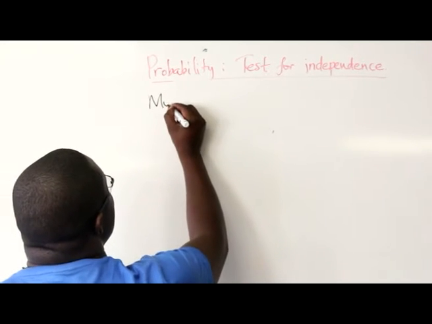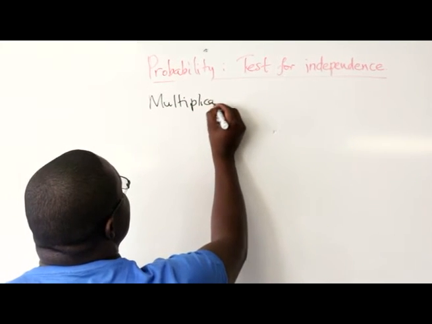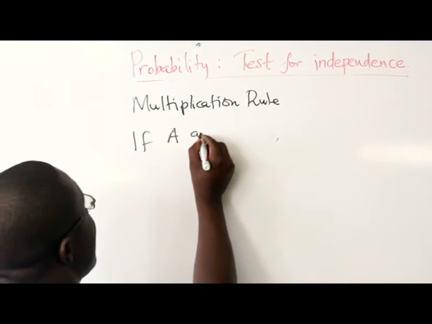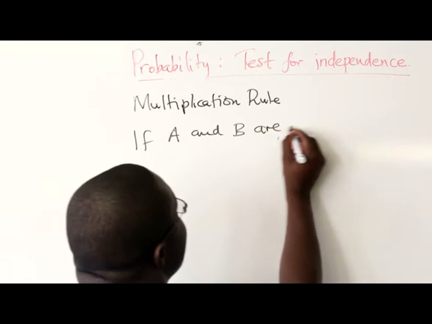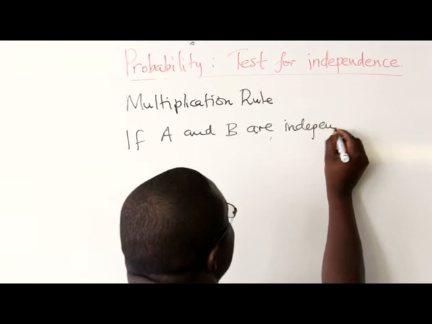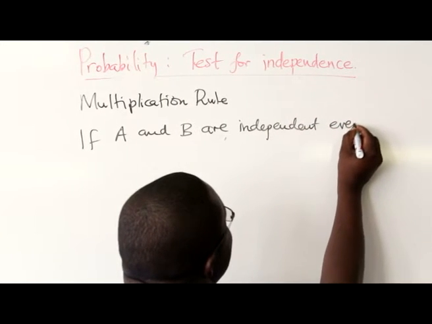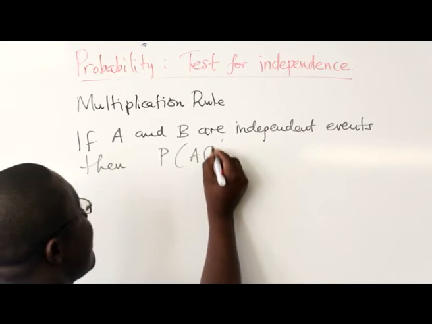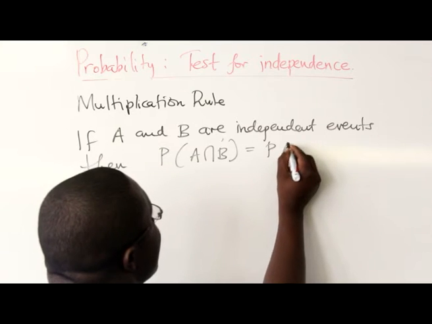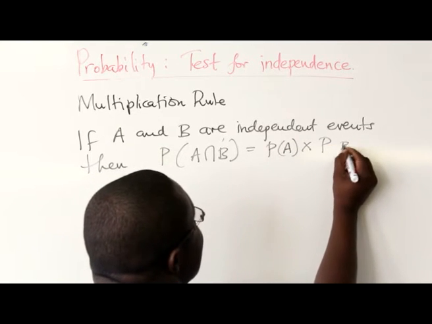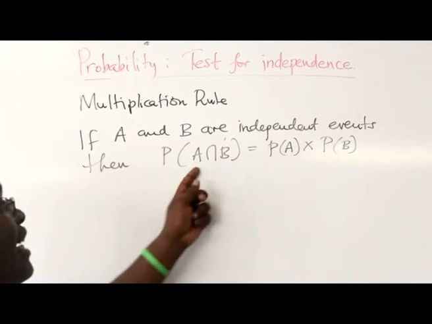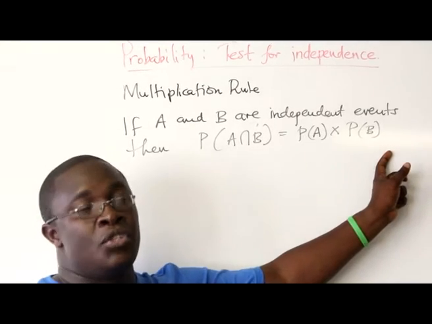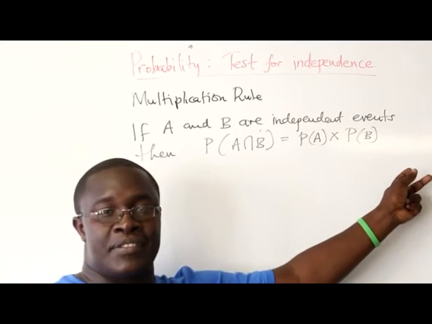The multiplication rule states that if A and B are independent events, then the probability of their intersection is equal to the product of their individual probabilities. Meaning that the probability of A intersection B is equal to the probability of A times the probability of B. So this is the litmus test for independence.